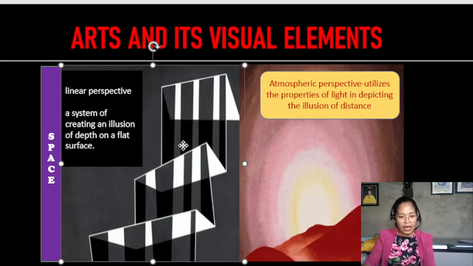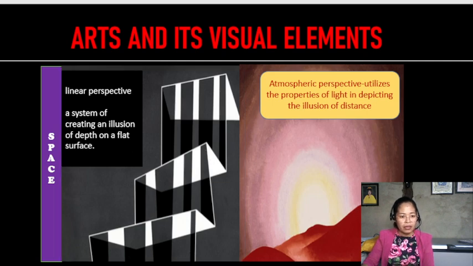And we have the linear perspective, a system of creating an illusion of depth on a flat surface. So parang pag tingnan mo siya, parang may space, but then it is just the art, the skill, no, of the artist that makes it look like it has spaces there.